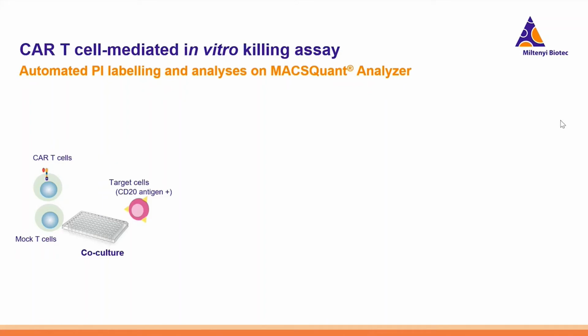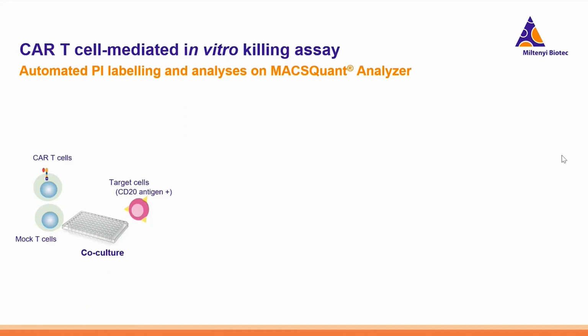And of course, different ratios between CAR T cells and target cells were used in our TexMACS T cell medium. After co-culture and incubation at 37 degrees, propidium iodide staining of the sample was performed automatically by our MACSQuant flow cytometer just before sample acquisition, and the PI positive cells were measured.